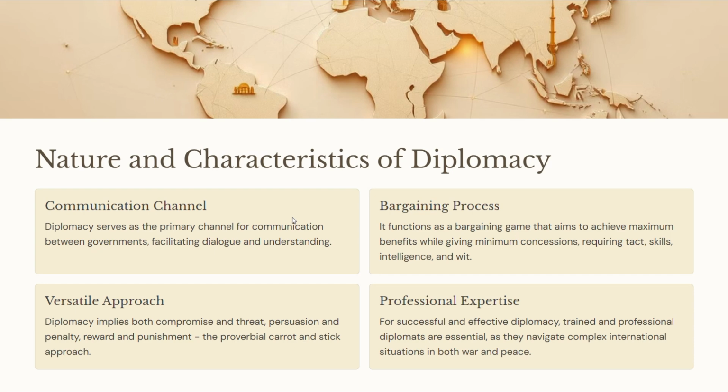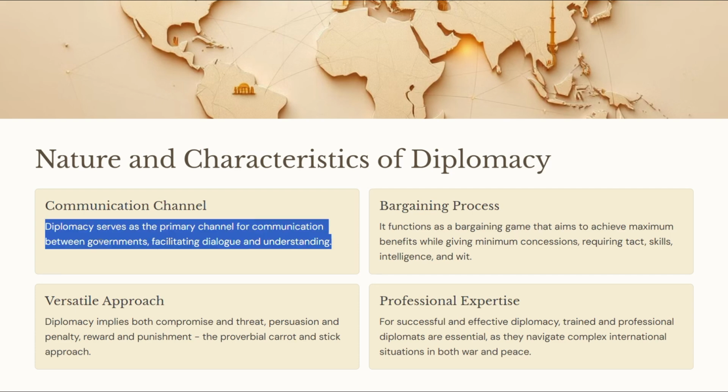And if two states are not communicating with each other, or they are communicating with each other in a hostile manner, that also falls under the purview of diplomacy. So it is basically the communication channel. Diplomacy serves as the primary channel for communication between governments, facilitating dialogue and understanding.